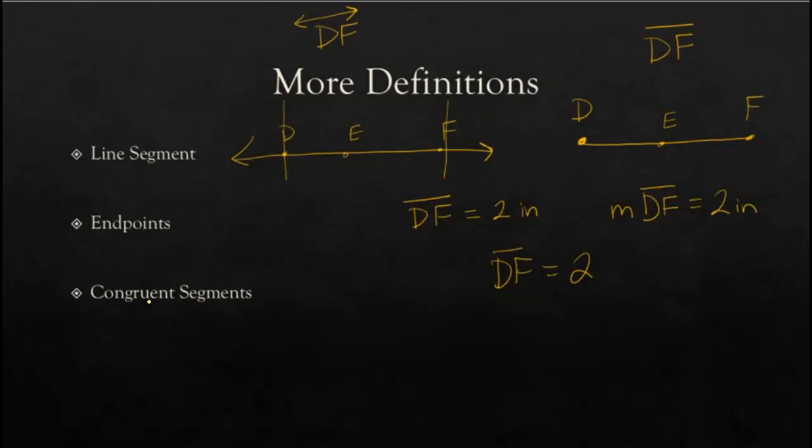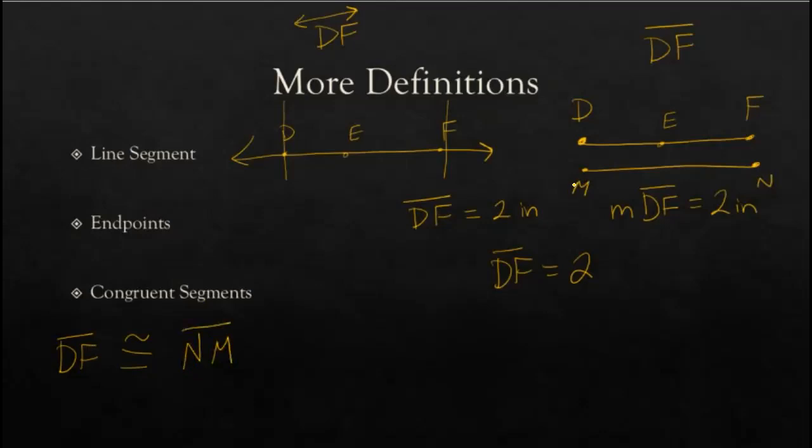What about congruent segments? Segments are congruent if and only if they have the same length. So congruent segments have the same measure or length. The symbol for congruent is like this. So I could say that segment DF is congruent to segment NM.